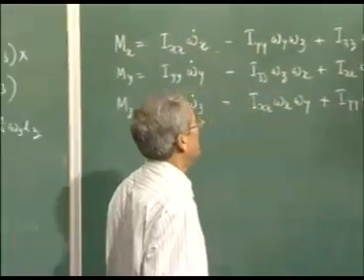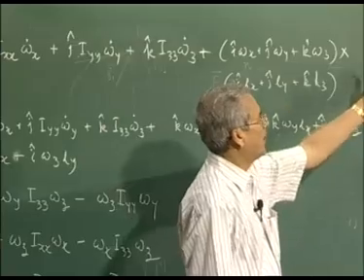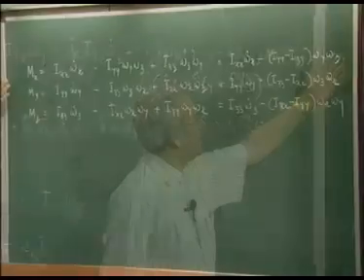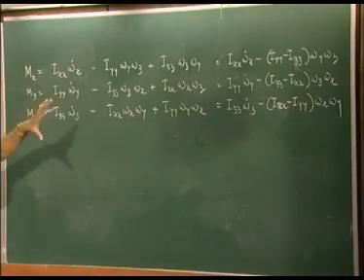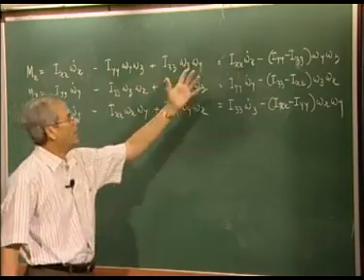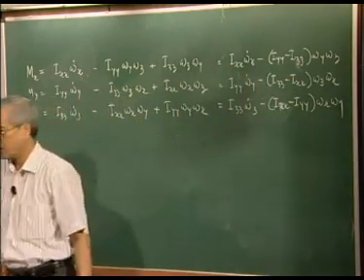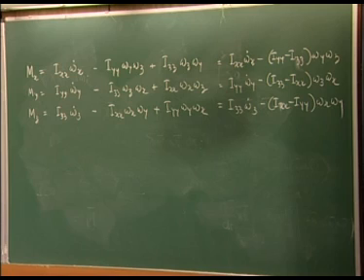So this is the set of equations where the components of the externally applied resultant moment on the body and its kinematic quantities and the inertial properties are related.